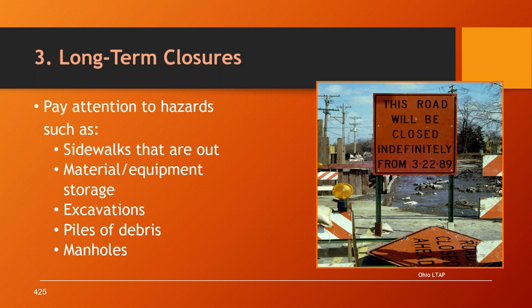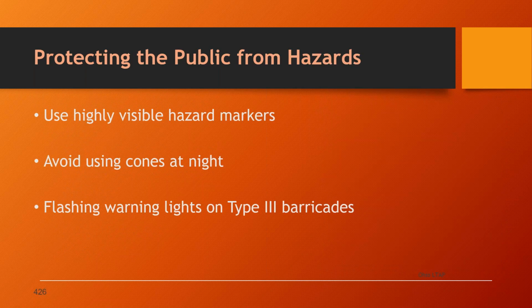In our long-term closures, we need to pay attention to hazards such as sidewalks that are out, material or equipment storage, excavations, piles of debris, and manholes. So that's especially if it's long term, like I said, people might try to drive through there. They're tired of it.